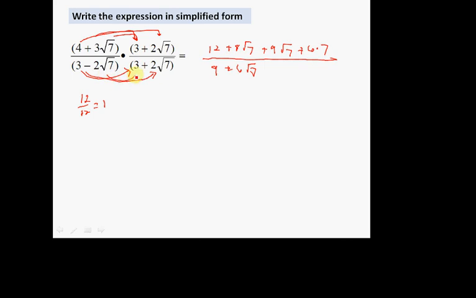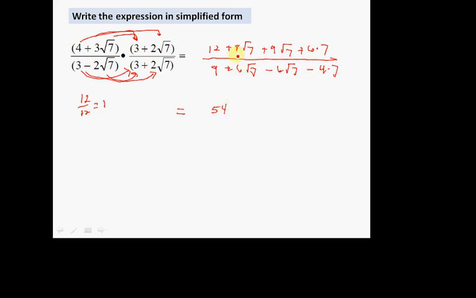And we will just keep on going through. So minus 6 times the square root of 7. And then minus 4 times 7. We'll clean this up a little bit, and we get 12 plus 42, which is 54.